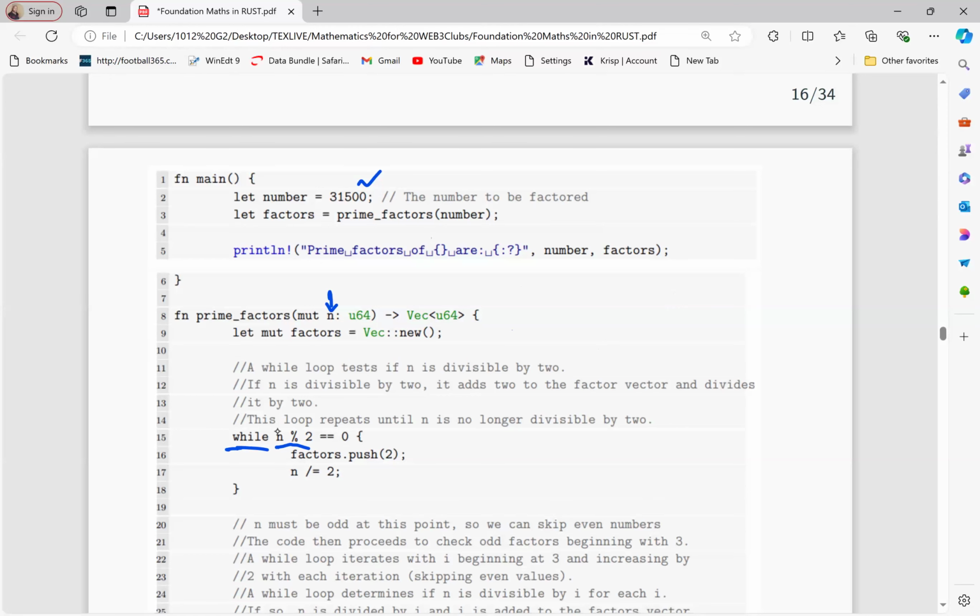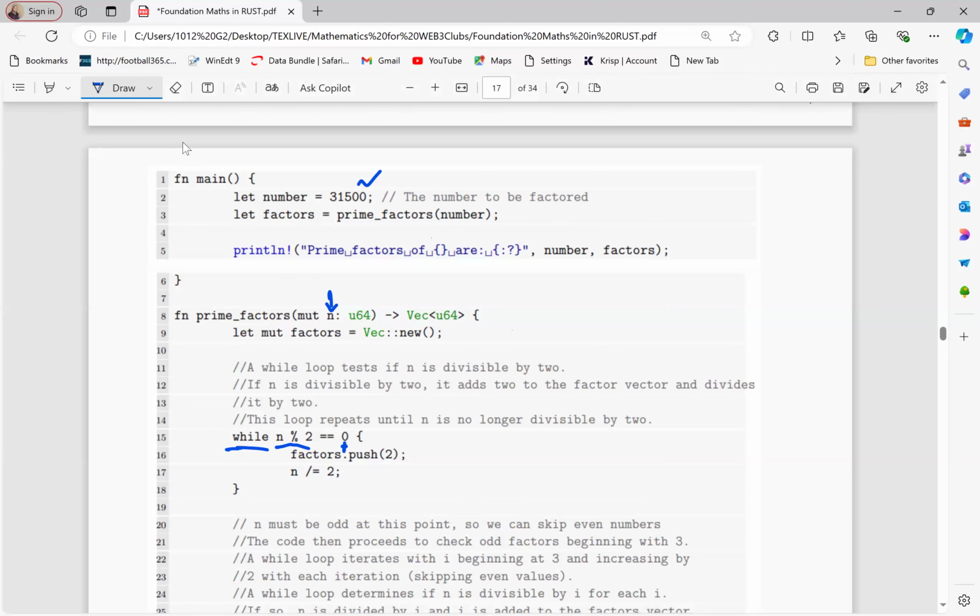So you check if the number is divisible by 2, that is, if on division by 2 it gives a remainder of 0, then it means that 2 is a factor. So that is a condition.